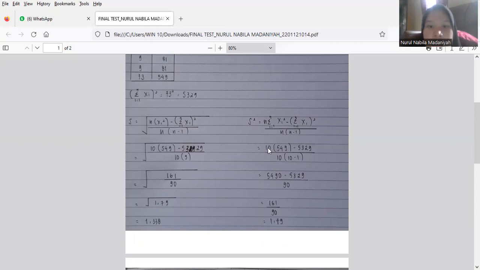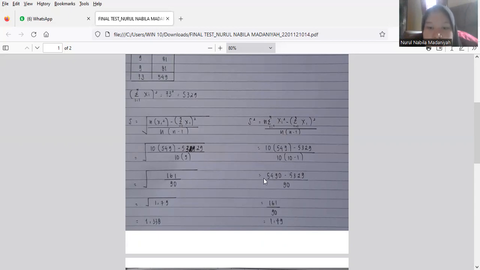And like I said before, I get 10, and xi quadrat is 549 minus 5,329. I get it from this, and per 10 minus 1.